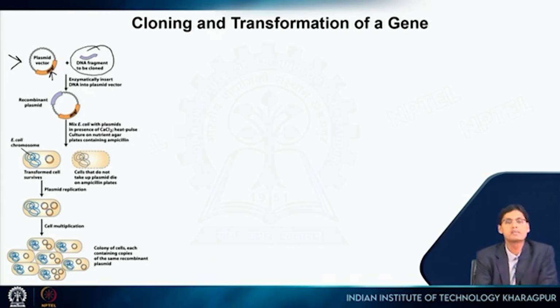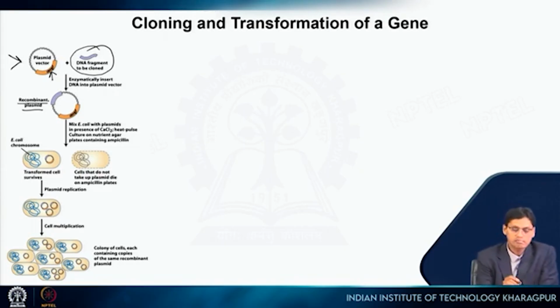Now you can cleave this plasmid with a particular restriction enzyme, and a similar set of enzymes you have to use to process and get this DNA fragment as well. As a result, finally you will get this recombinant plasmid. Why is it called recombinant plasmid? Because this plasmid is not the natural plasmid anymore. You put your gene of interest here, the recombinant plasmid.